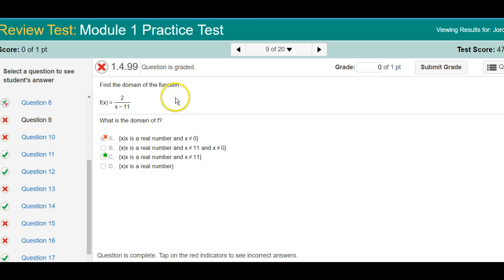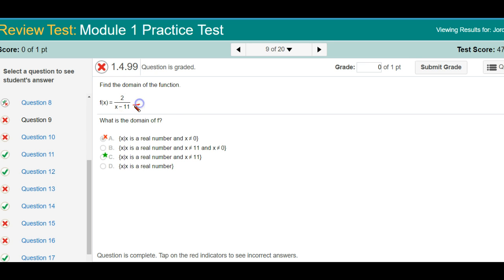Okay. Now, when they ask you to find the domain of this, it would be what values can x be in this function? Well, it can be any real number, but it can't be a number that would make our denominator a 0.